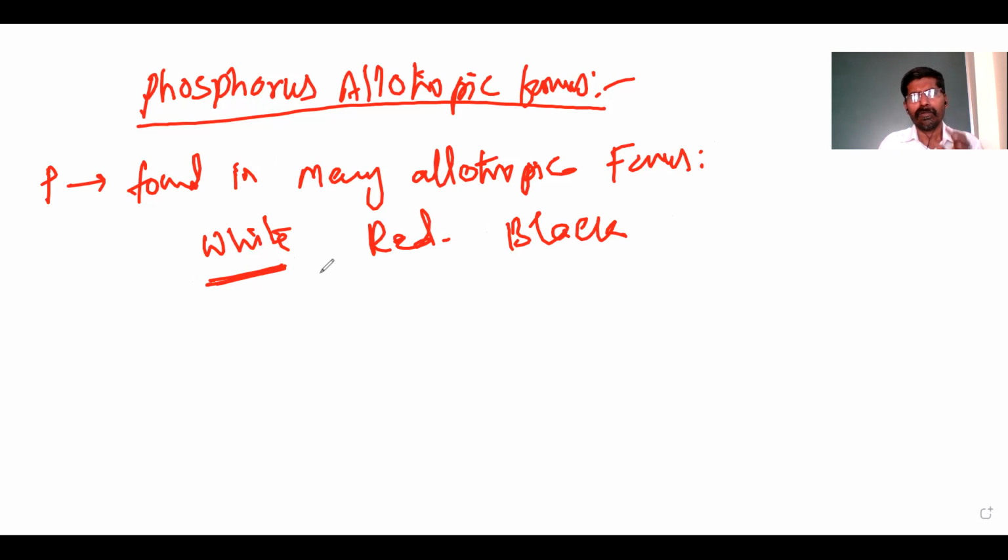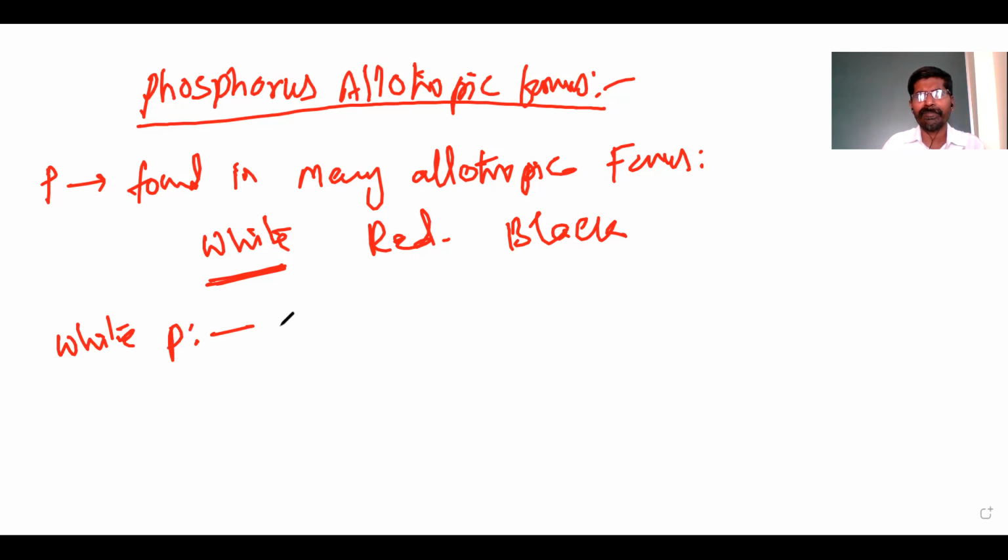That means the first is the allotropic form of white phosphorus, the second is red phosphorus, and the third is black phosphorus. But here we want to talk about white phosphorus.